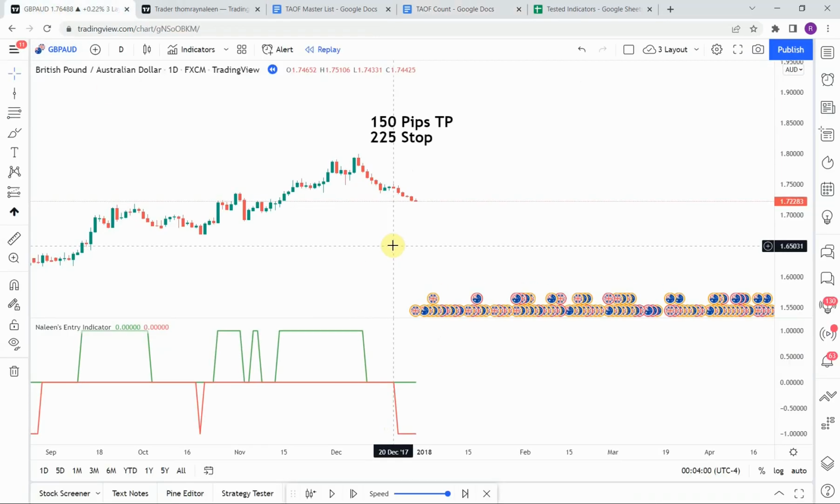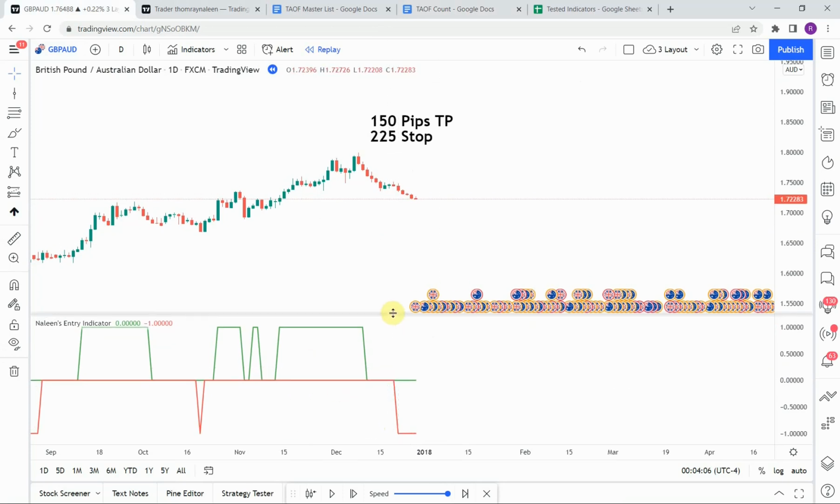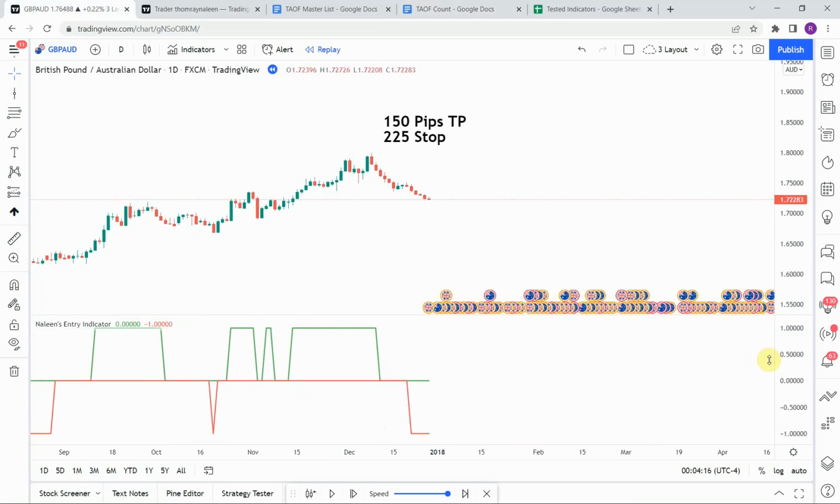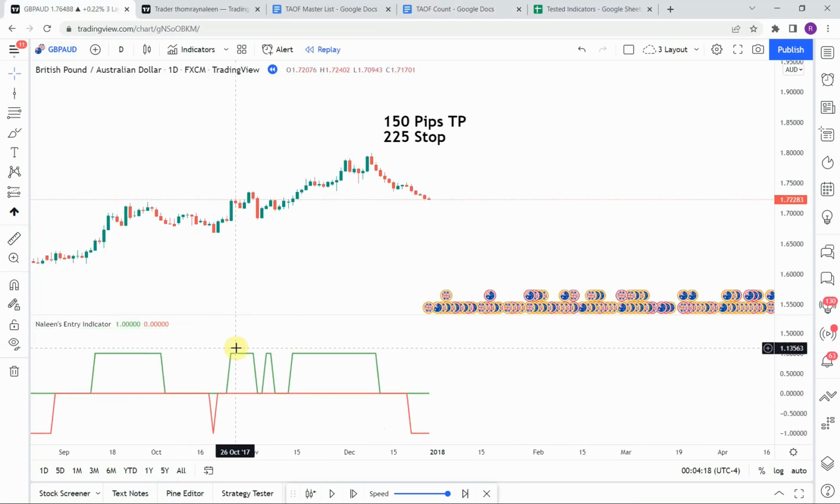Alright, so today's indicator is Naleen's entry indicator, and you can see it here on the bottom of the screen. What we are looking for are these moments where we get these spikes, either green or red. When we get a green spike to the upside, we are going to go long.